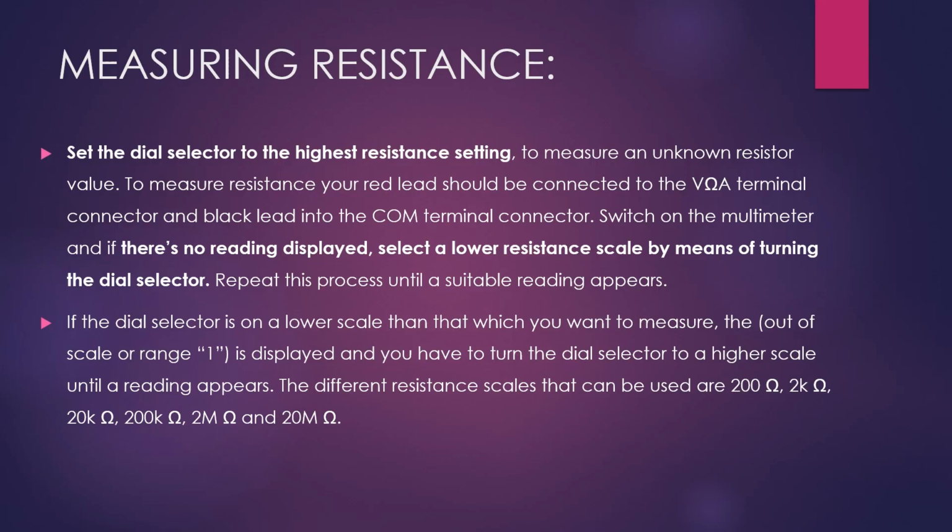Then you know your 100 kilo ohms is within that scale. And if you go even further to a lower scale than the one that you are measuring, you'll obviously not get anything. On the gray multimeter you'll get 1, or on the orange multimeter you will get OL.